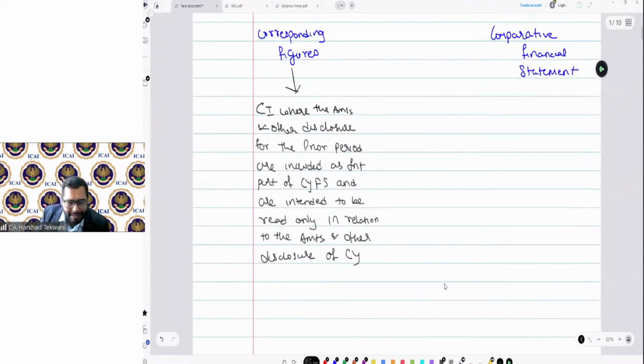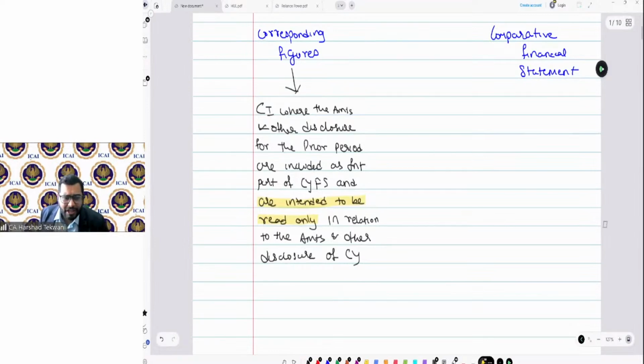I'll highlight this: are intended to be read only. That's the main thing we need to understand for the corresponding figures.